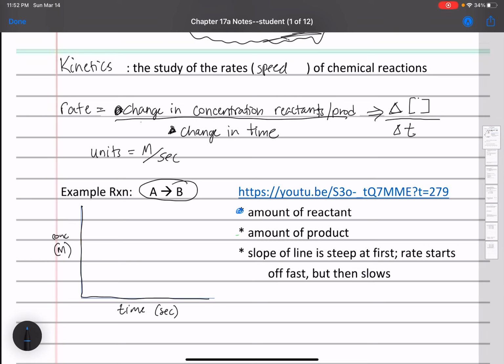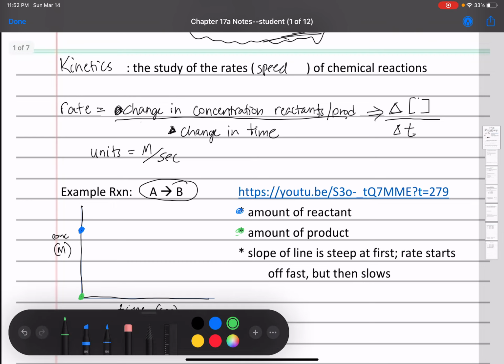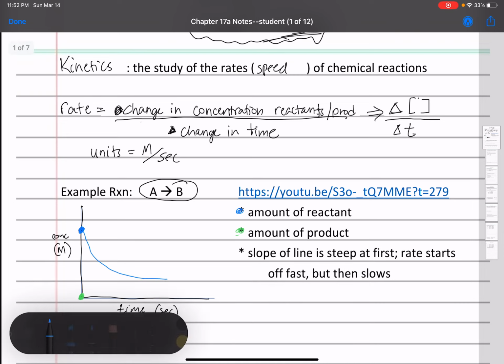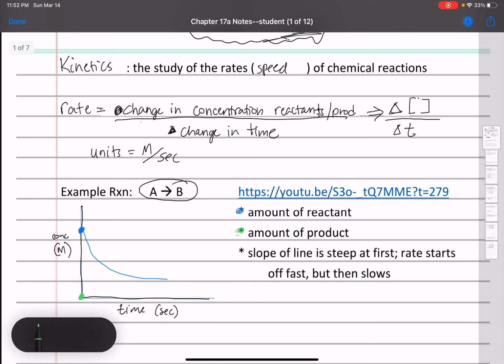When we start a reaction, we should have just A. We have some A, and we have no product at time 0. These are our starting points for each. As the reaction goes, the reactants start turning to products. So the amount of reactant drops and then levels off, and the amount of product rises and then levels off.